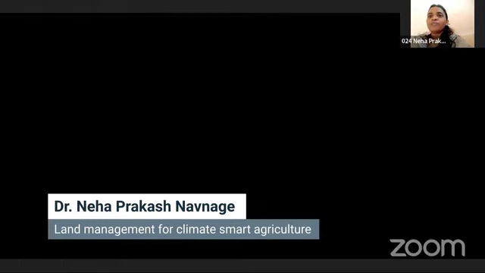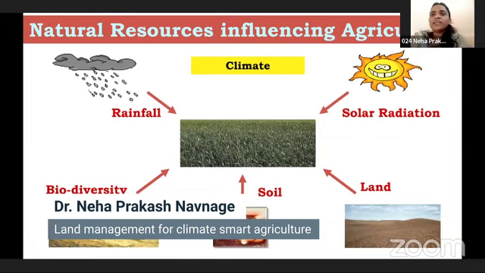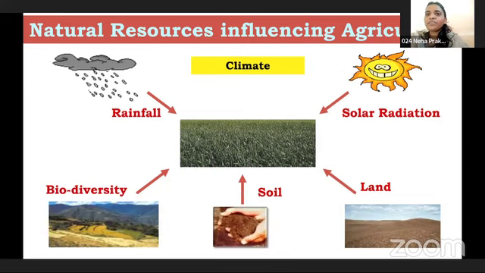So let's start. As we know, in agriculture, there are many resources influencing agriculture, and we go through them in our daily life, that is climate. In climate, the first factor is rainfall, which is responsible for the proper growth of plants and soil systems.